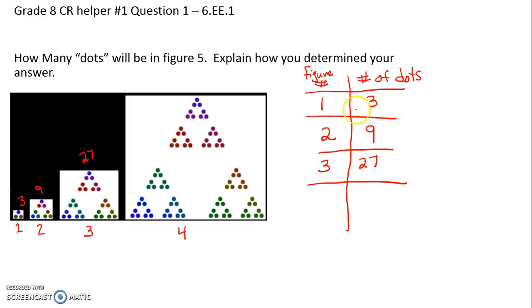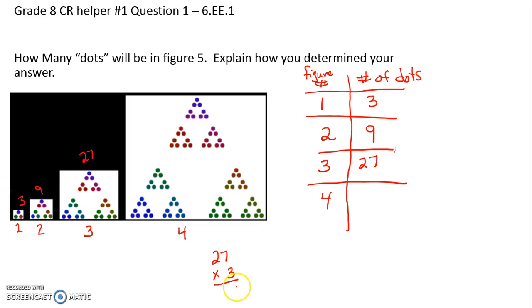Let's see what's happening here. Fourth figure. At this point, I might be ready to predict how many dots are in this fourth figure, because as I look down this column, I'll notice 3 times 3 is 9. 9 times 3 is 27. I bet you if I do 27 times 3, I'll come up with the number of dots in that fourth figure.